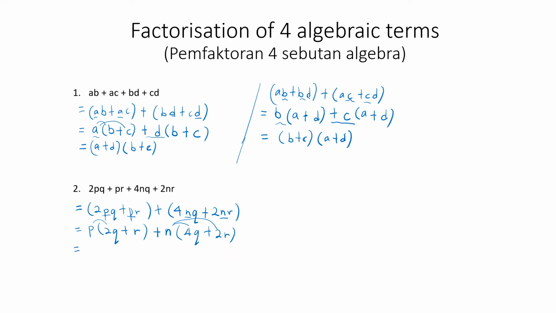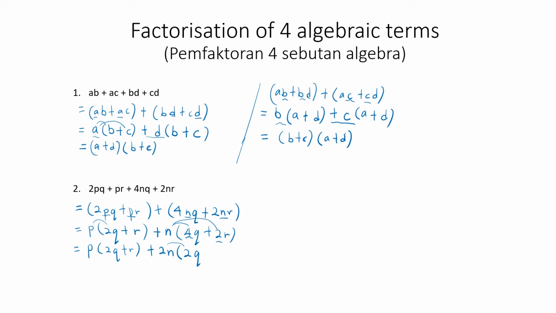And for this question, you can see that there's still common factor for 4 and 2. So this, without changing, I copy it down. Okay, for this, the common factor for 4 and 2 is 2. So 2, I write it outside. 2 times n is 2n. When you do expansion, 2 times 2, you will get 4.